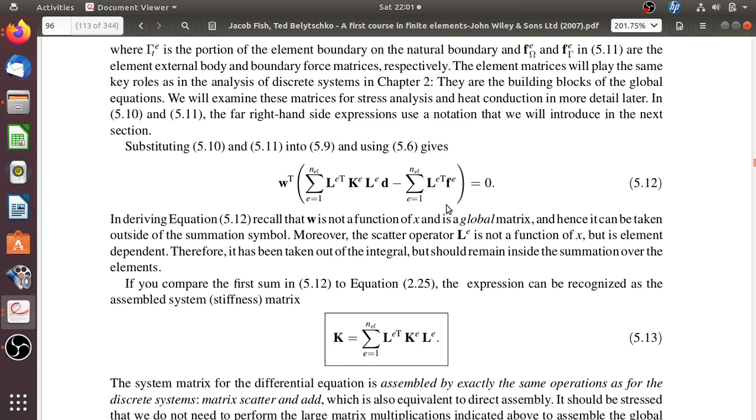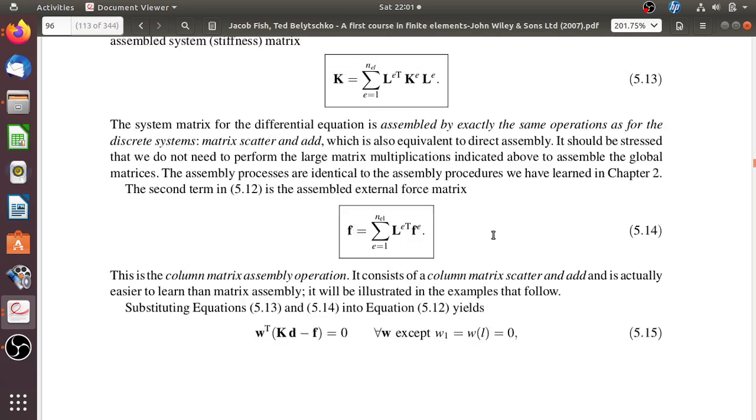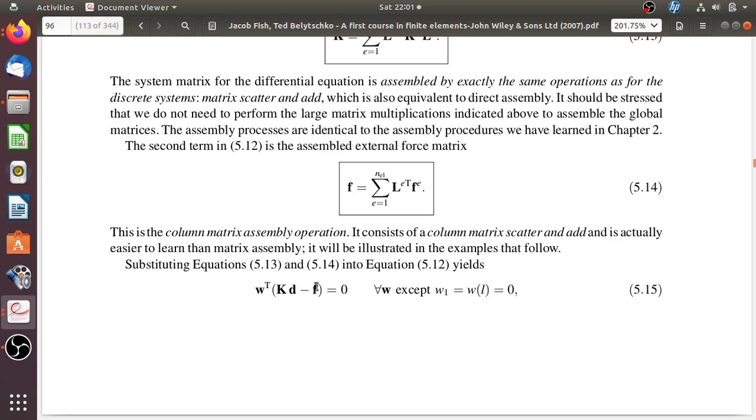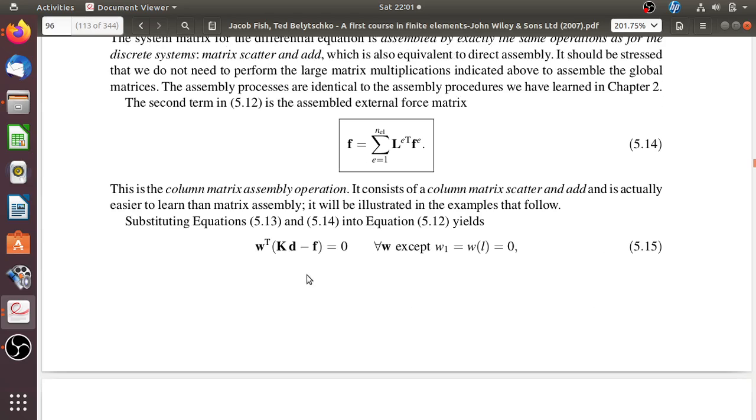And this whole thing is a global force vector. So if I write this equation like this, and this has to be valid for any W, that will provide me the equation K into D is equal to F. So that is the equation I have to solve.